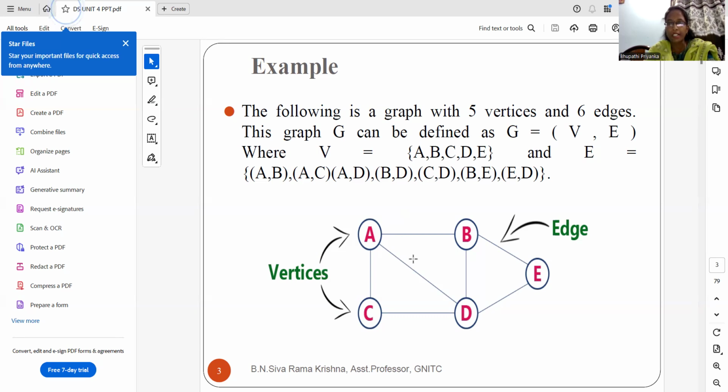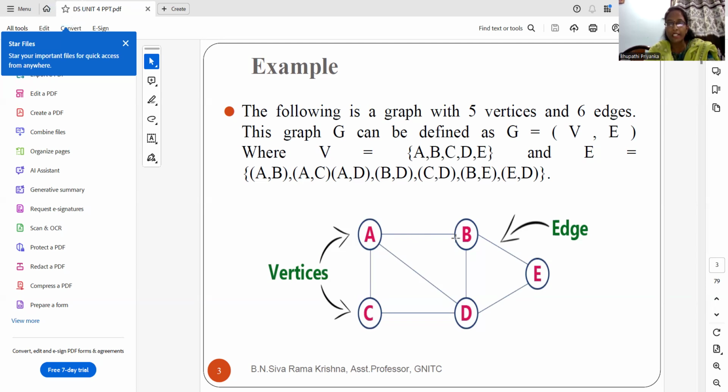A, B, C, D, E. And coming to edges, we have AB, AC, AD, BD, BC, DB, BE, and ED, because we have a connection between the vertex A and B. That is called an edge. So here the vertices are A, B, C, D, E, and we have a connection between two vertices. That is nothing but an edge.